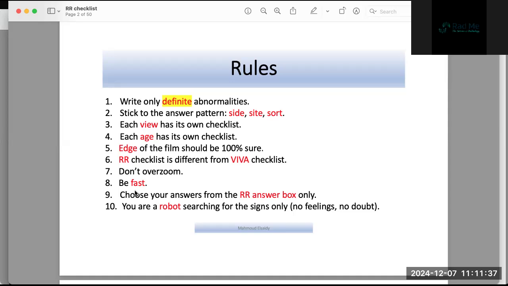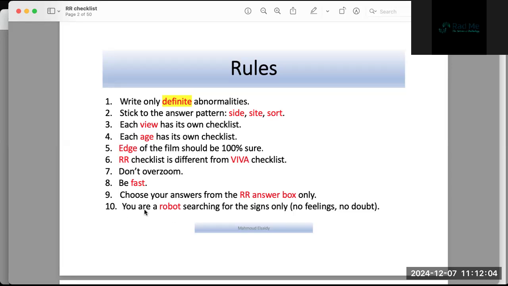Don't put abnormalities that need further assessment or need other images or need some discussion. This is for the Viva situation. But in the rapid situation, only put the clear ones that don't need anything else other than the images in front of you.